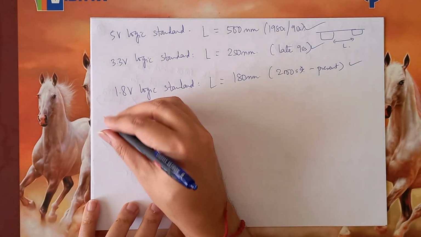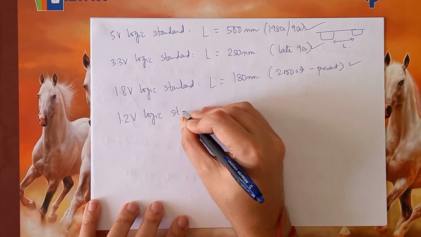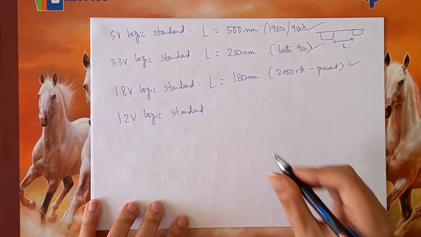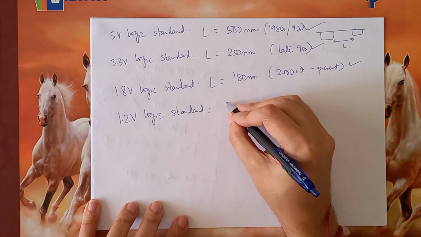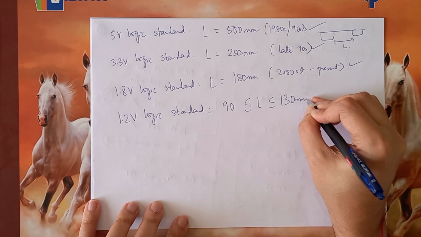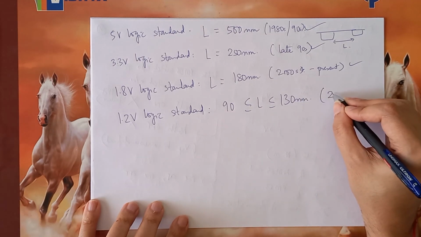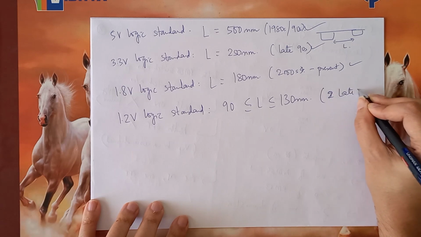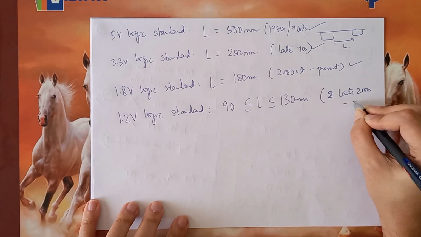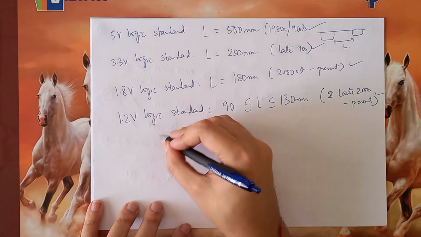Then you had a 1.2 volt logic standard. Over here the length was generally from 90 to 130 nanometers. This came in around the late 2000s, and so on and so forth.